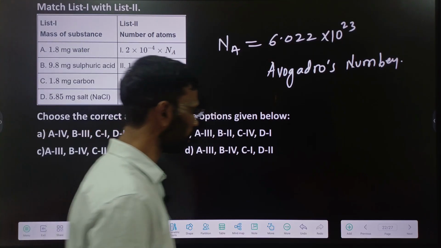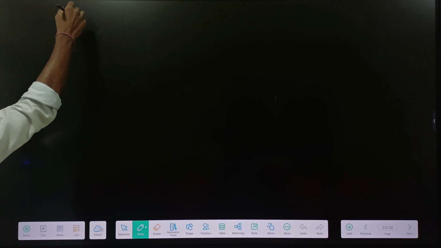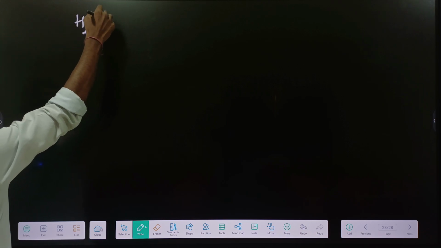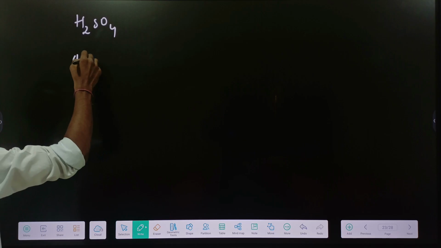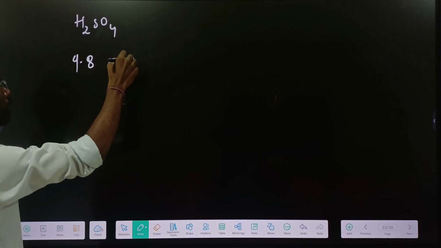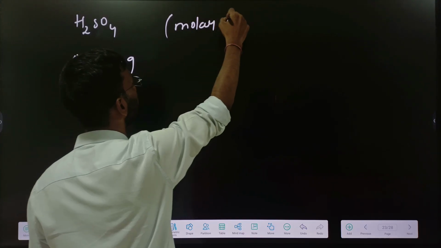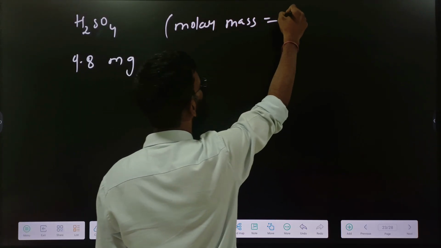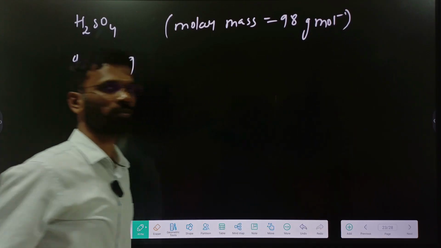9.8 milligram of sulfuric acid. So what is sulfuric acid? H2SO4. In one molecule, how much? The molecular mass or molar mass of sulfuric acid, if you calculate, comes to 98 grams per mole.